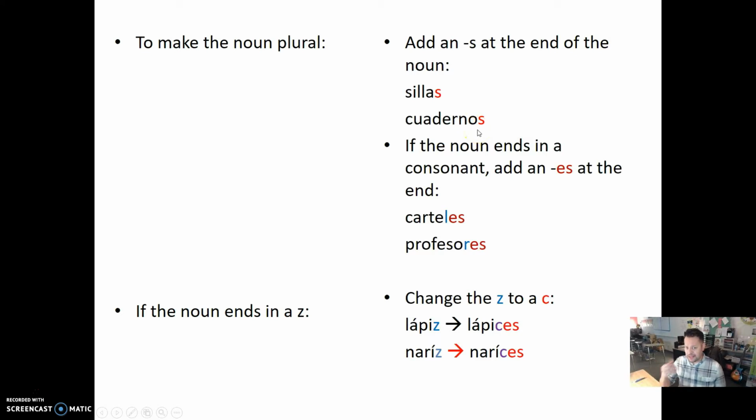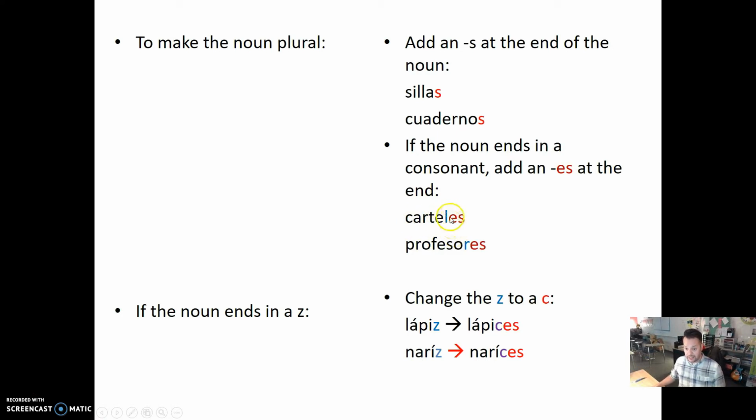And most of the time that's going to happen because a lot of times Spanish nouns, they end in vowels. But what if the noun ends in a consonant? All right. If the noun ends in a consonant, you can't just put the S and say I'm done. Nope, you got to add an ES. Okay, so let's take a look at this example. Cartel.